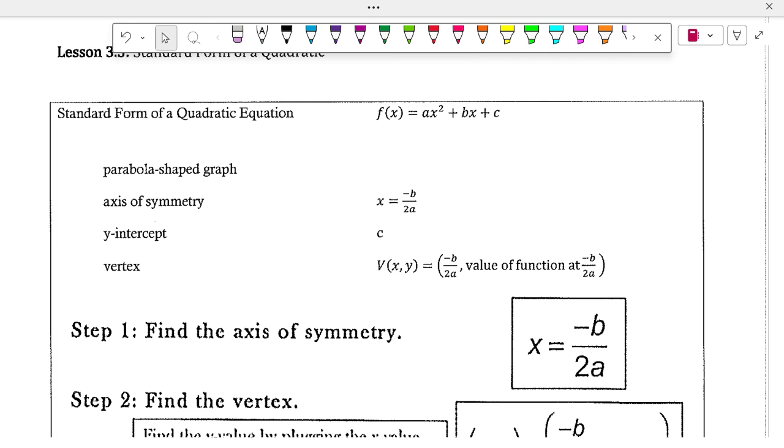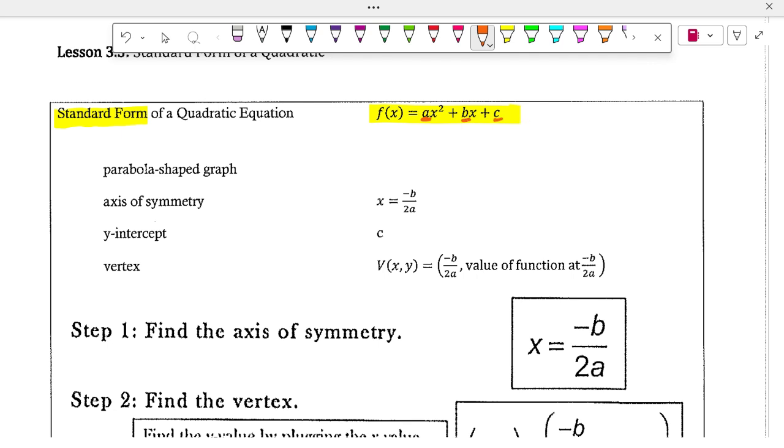All right. So standard form is one of three forms that we will learn about in this class with a quadratic. Standard form is also the most common. All right. So standard form is typically y equals ax squared plus bx plus c. Now, a is always connected with the x squared, b is always connected to the x, c is always the constant.